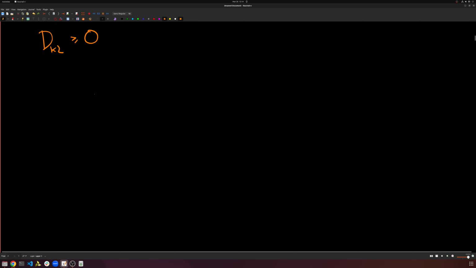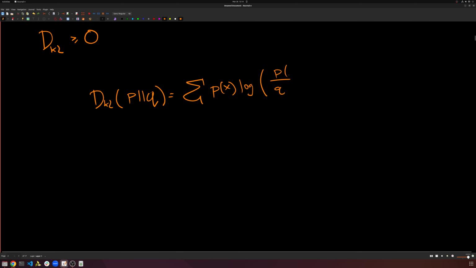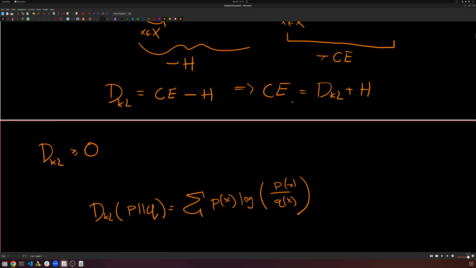This is pretty straightforward. So our KL divergence between P and Q is going to be our sum P log P over Q, right? That is our KL divergence.